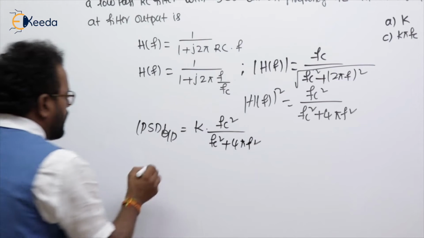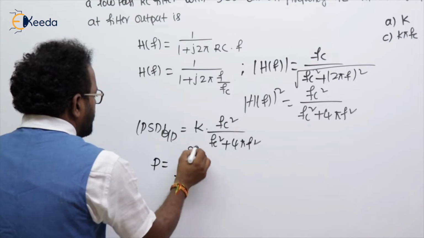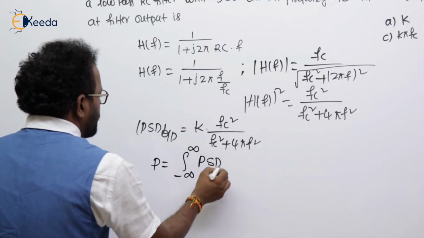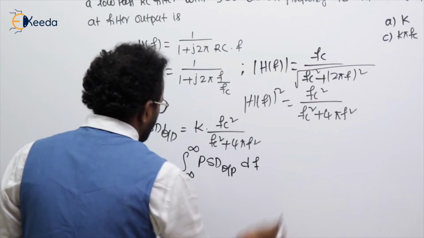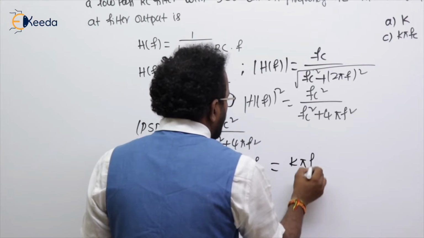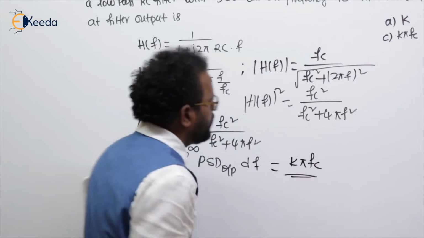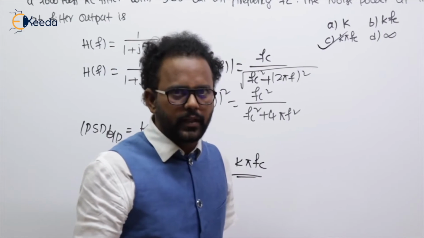Then calculate the power. Power is nothing but the area under that: integral from minus infinity to plus infinity of the output PSD into dF. If you calculate, you will get the value K pi FC. So option C is the correct one. Clear?